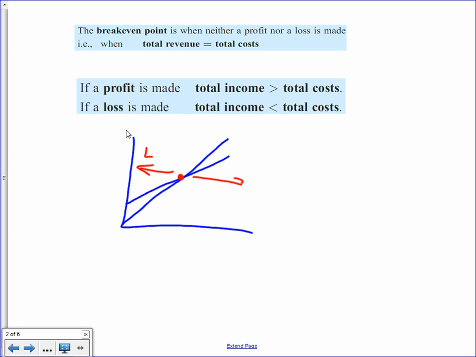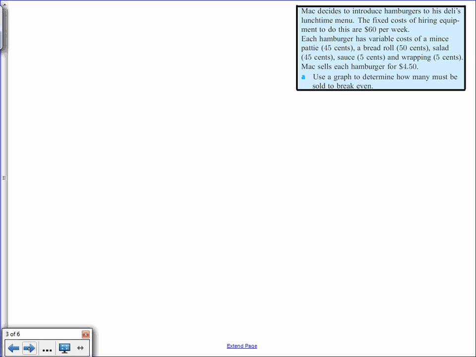Anything more, it's profit. So we'll work out how to make these equations and how we use them to work out our break-even analysis. Quite obviously, if a profit is made, your income is more than your costs. If you make a loss, your income is less than your costs. That's pretty straightforward.